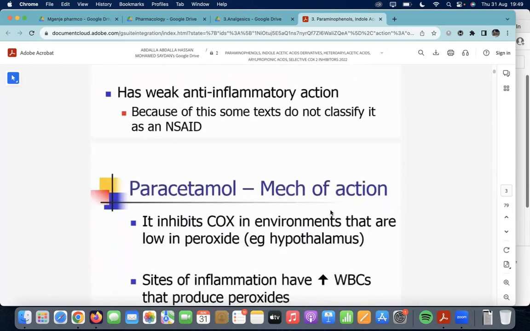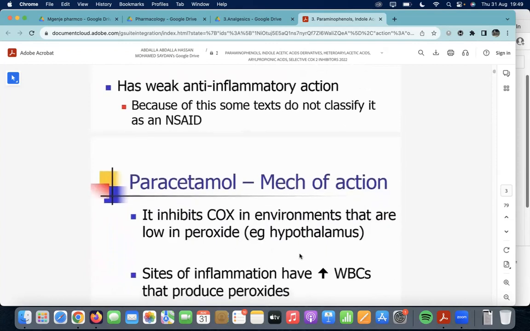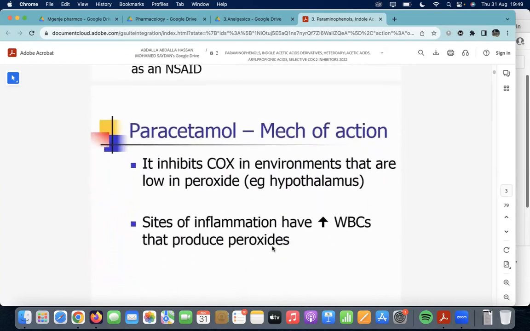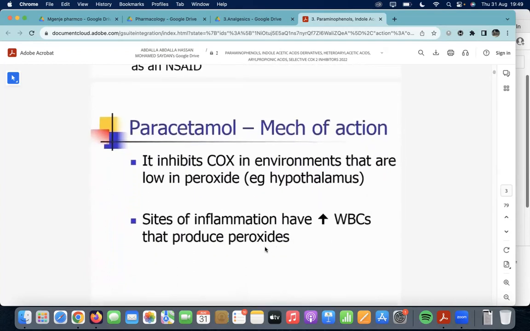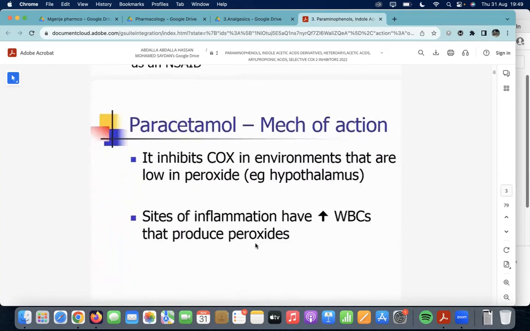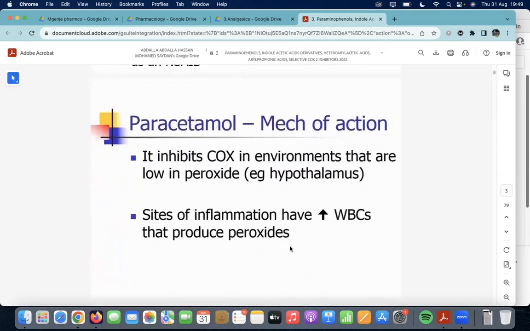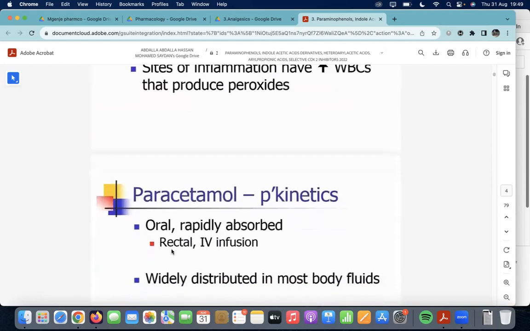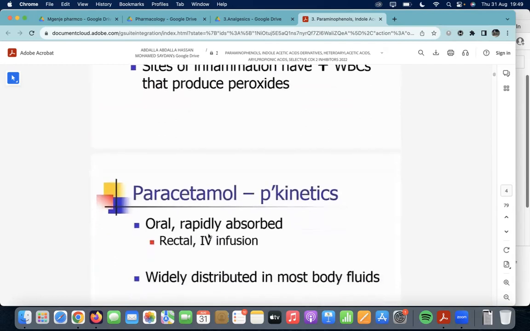The mechanism of action of paracetamol is that it inhibits cyclooxygenase in environments that are low in peroxide, such as the hypothalamus. So it's a COX inhibitor. Sites of inflammation have increased WBCs that produce peroxides. Pharmacokinetics: it's given orally, which is quite common.